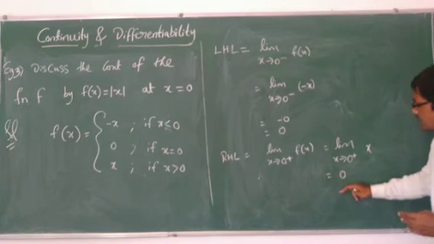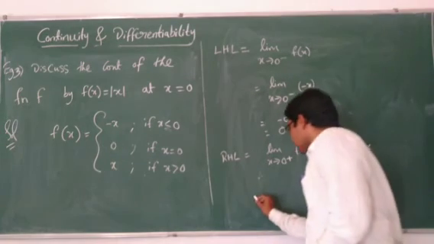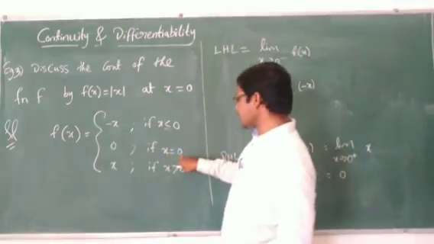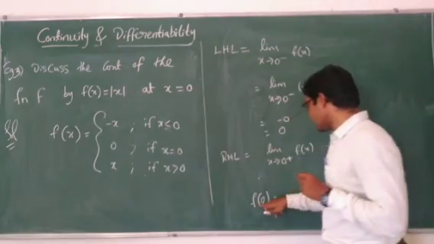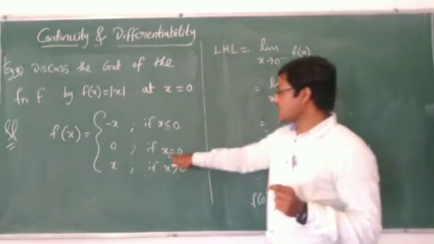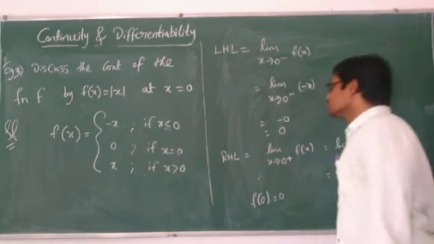Here, because the limit exists and is equal to 0, we find f of 0. What is f of 0? At x equal to 0, when we write f of 0, the function value, you have to consider exactly that point. At x equal to 0, the function is equal to 0.